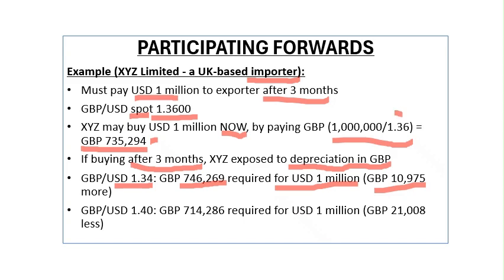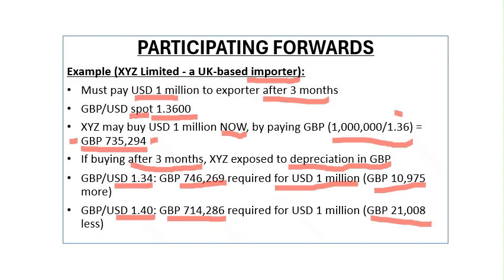Of course, if GBP appreciates to 1.40 against the USD, XYZ will have to spend less GBP, that is about GBP 714286, which is GBP 21008 less as compared to the amount that it would have spent had the GBP USD been 1.36.